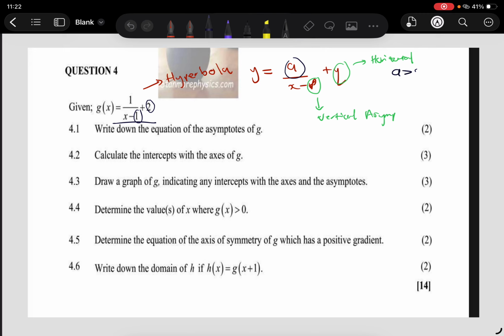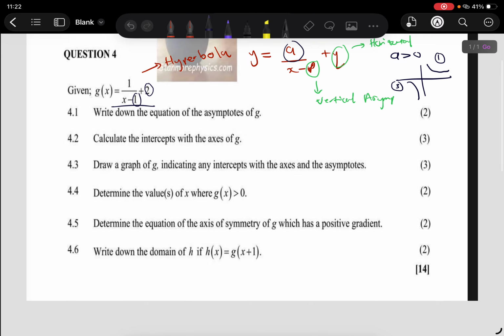If a is greater than 0, which means a is positive, we expect our graph to be in the first and third quadrants, and the hyperbola is made up of two arms. If a is negative, we expect our graph to be in the second and fourth quadrants. So these will be our two arms.